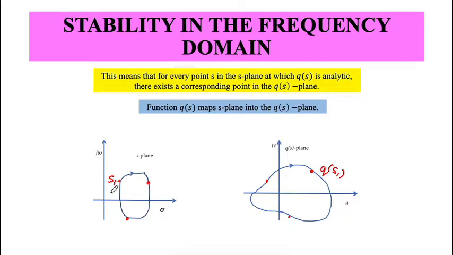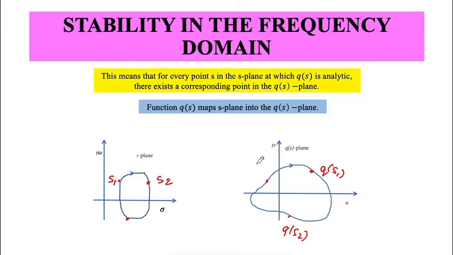Similarly, if I take s2 here, there will exist a Q(s2), and so on. Whatever point here, at some corresponding point here, we will have a corresponding Q(s).